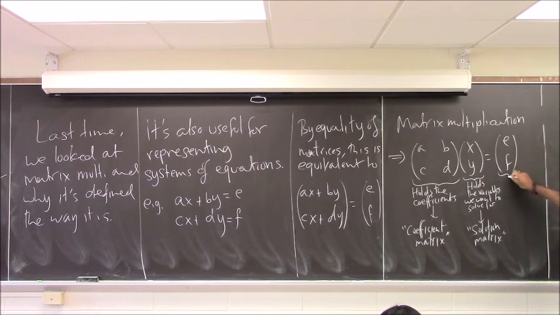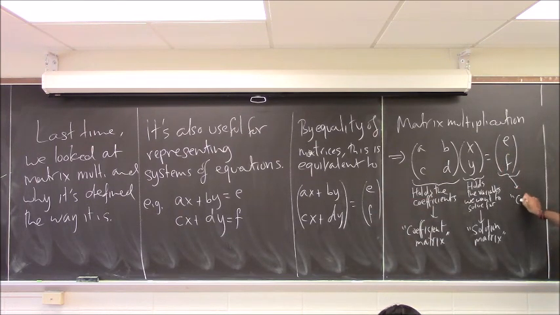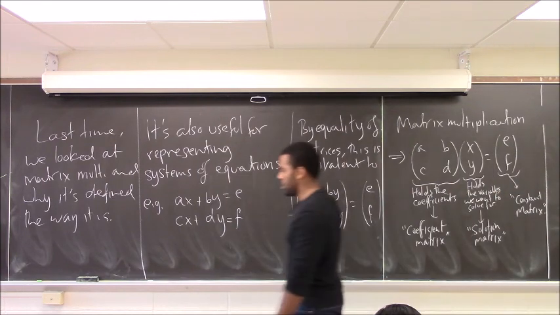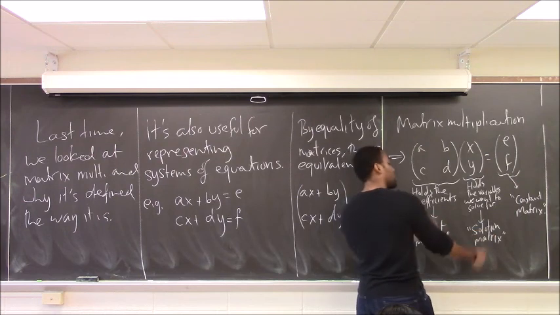This guy here just holds a bunch of constants on the other side, and we call that the constant matrix. Right? So by matrix multiplication, I can look at a system of equations, and I can write it down using matrices.